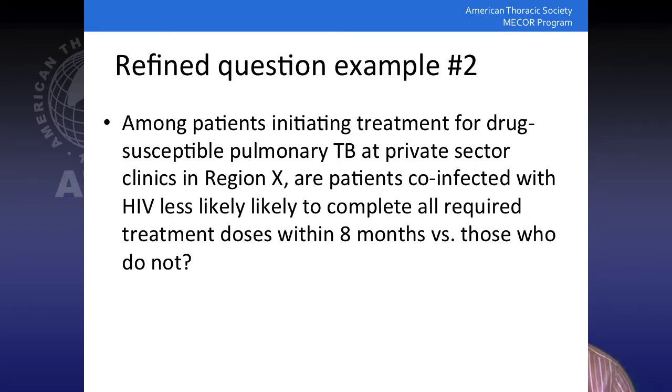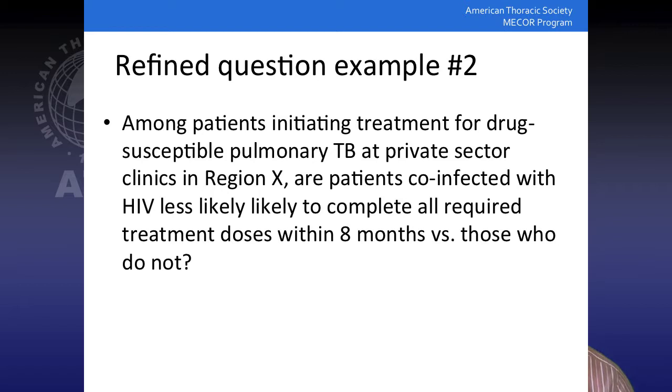So here's another example. Among patients initiating treatment for drug-susceptible pulmonary TB at private sector clinics in Region X, are patients co-infected with HIV less likely to complete all required treatment doses within 8 months versus those who are not? So this question is establishing a comparison. The population is patients who are initiating treatment for drug-susceptible pulmonary TB in private sector clinics, just like in the previous example.